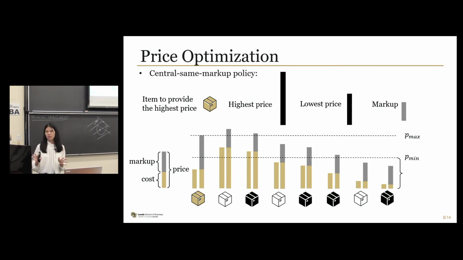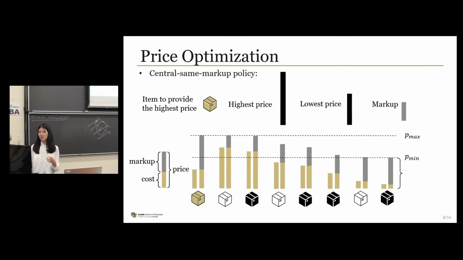After this step, you may notice that for the second item and the third item, their prices are greater than the highest price. So we truncate their prices to the highest price. And for the last 2 items whose prices are less than the lowest price, we increase their prices to the lowest price.